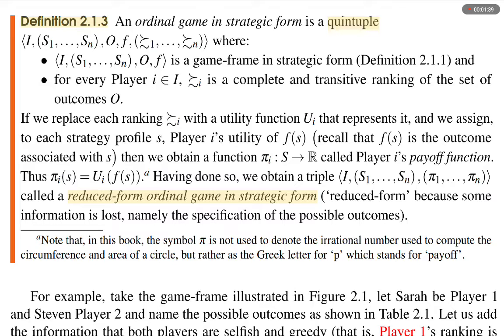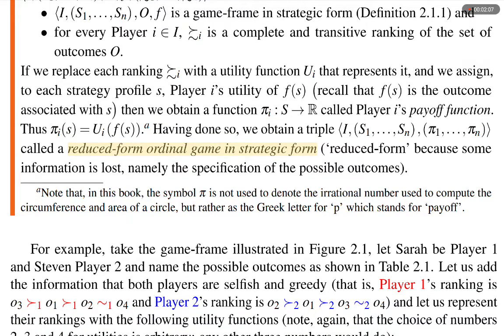Bullet point 2, for every player i, an element of I, ≿_i is a complete and transitive ranking of the set of outcomes O. If we replace each ranking ≿_i, better than or just as good as for player i, with the utility function U_i that represents it, we assign to each strategy profile s player i's utility of f(s).